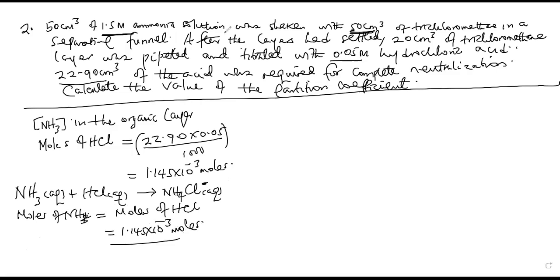But they are saying that 20 cubic centimeters of trichloromethane is the one which was pipetted and titrated with this, meaning 20 is the one which reacted. So if 20 is the one that reacted, what about in 1,000? Isn't it? To get the concentration. So these are the moles of ammonia in the organic layer.